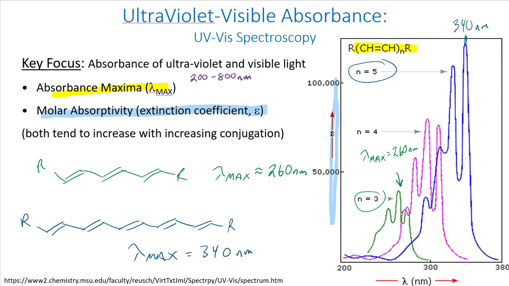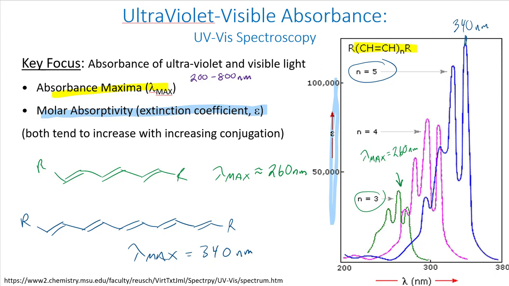Now, since both of those lambda max are still in the UV or ultraviolet range, we're not going to see these compounds as being colored. Both of these compounds would in fact be white because they're reflecting all wavelengths of visible light. They're not actually absorbing any visible light.